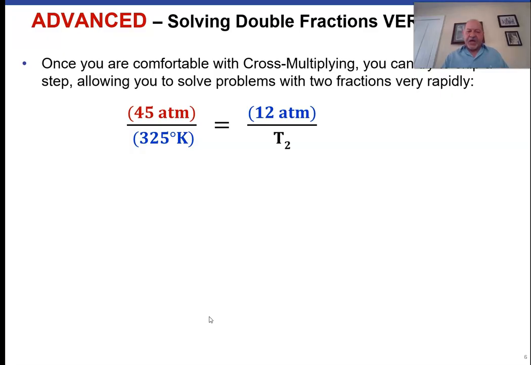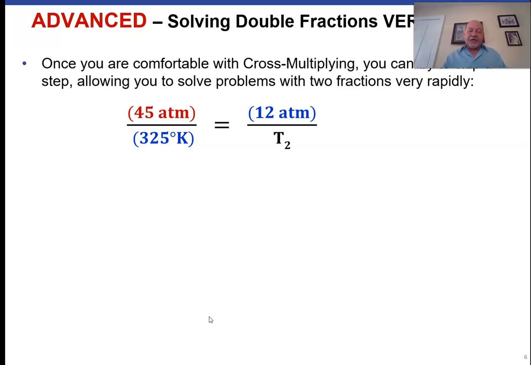And I've got an example with the same numbers we just looked at on the left side of the previous slide. 45 atmospheres of pressure divided by 325 degrees Kelvin equals 12 atmospheres of pressure divided by our unknown temperature. Well, we could do the cross multiplying. Blue times blue would give us temperature times 45 atmospheres.